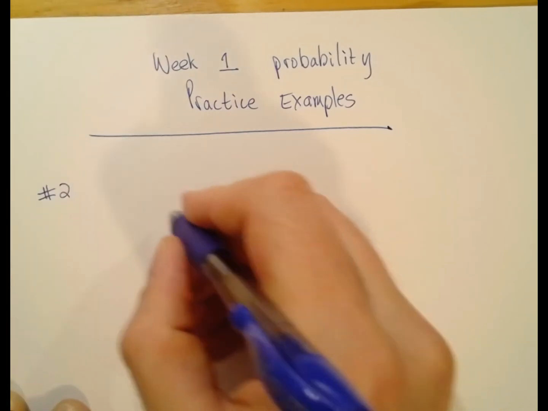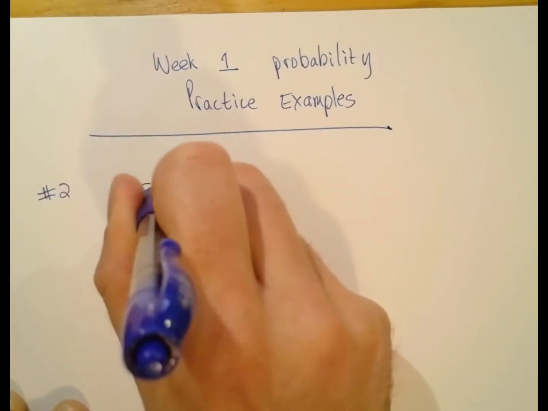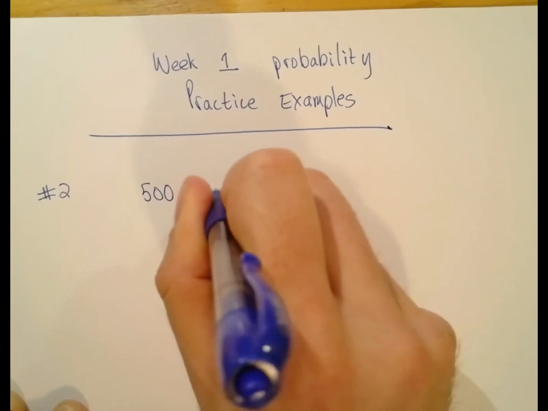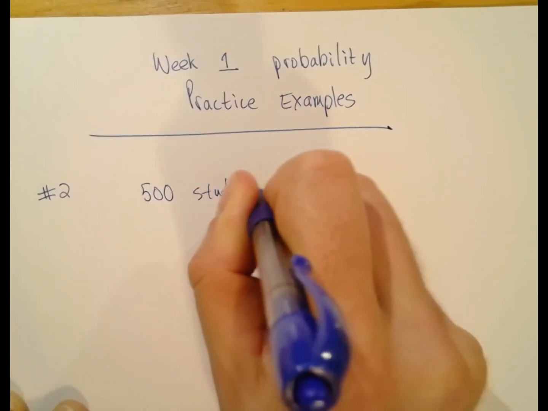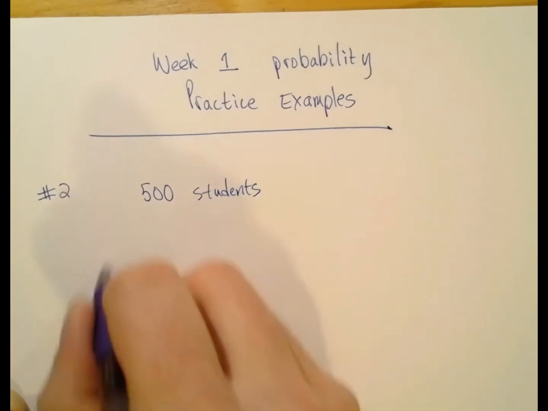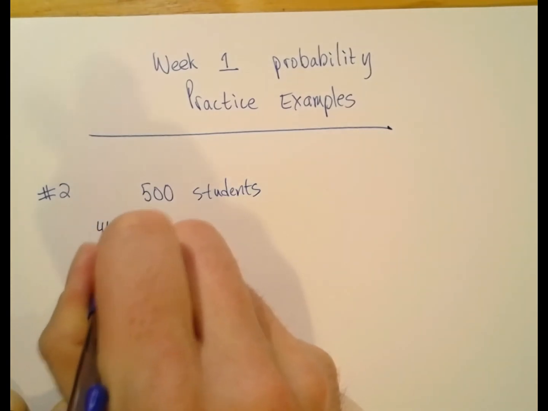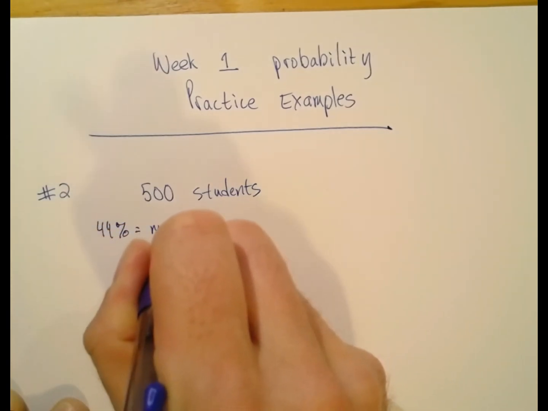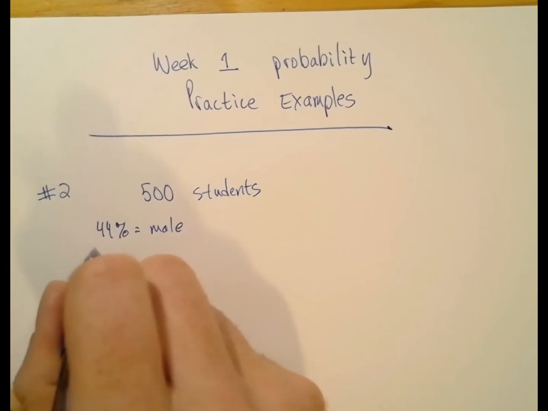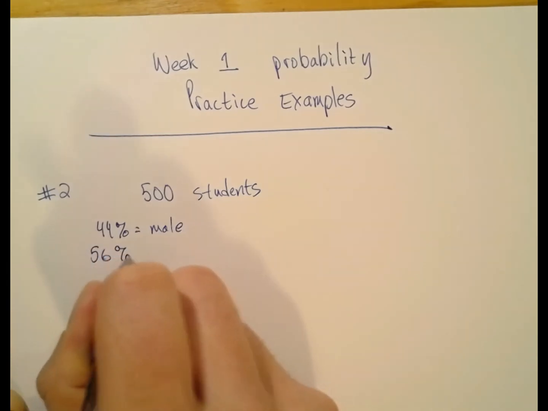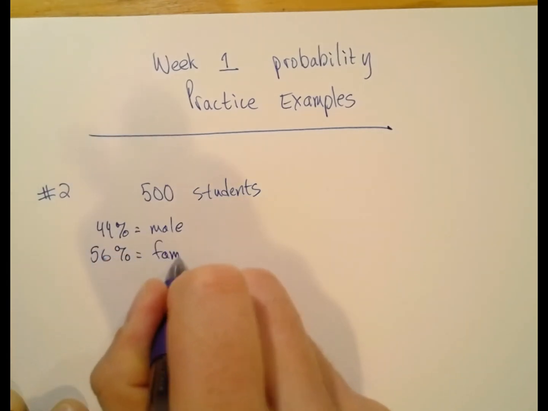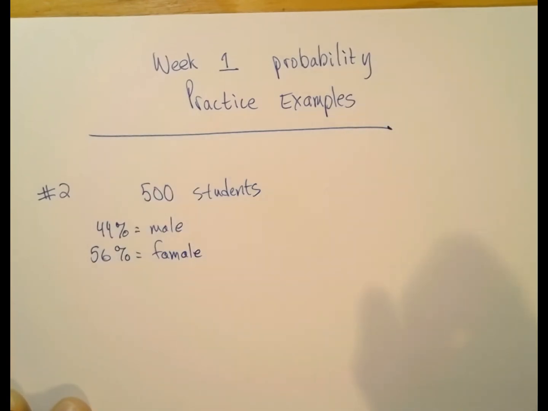In this problem, we had a group of 500 students, and we're told that 44% equals male, 56% is female, and then a bunch of stats about hair color.